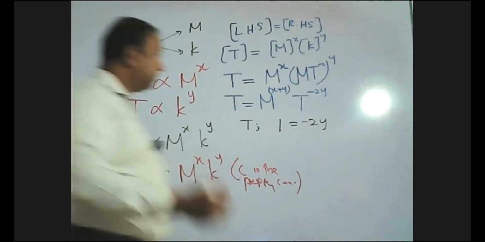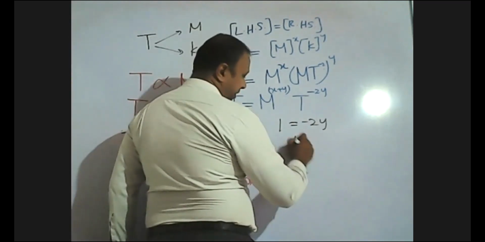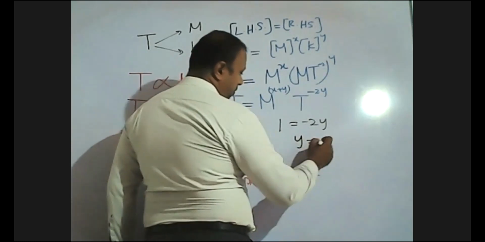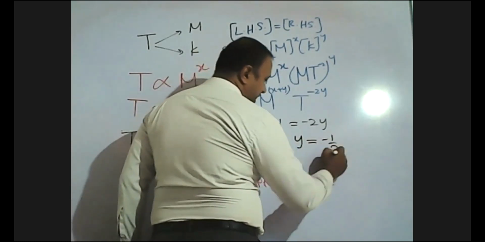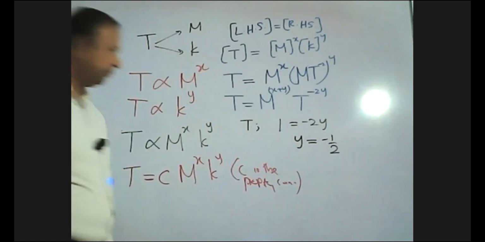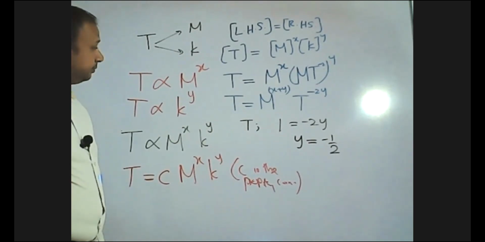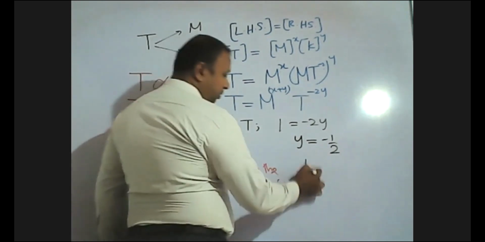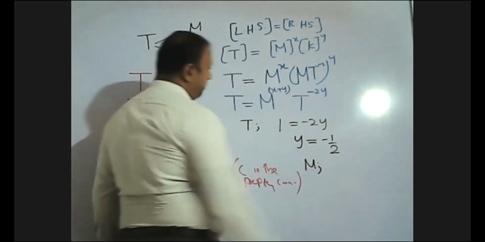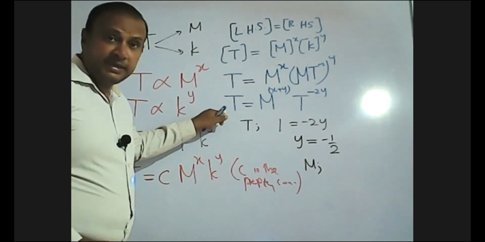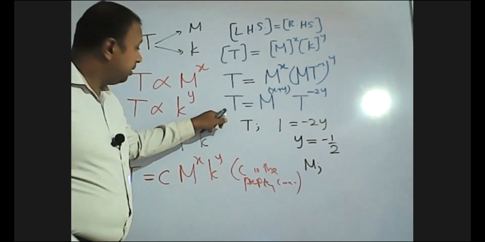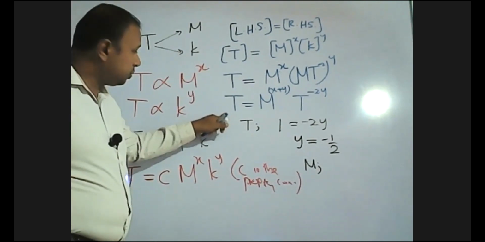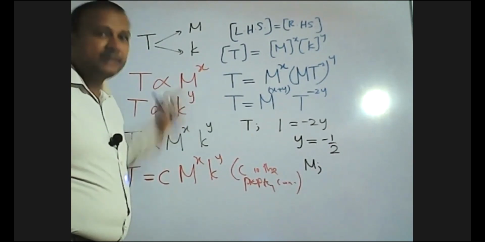So from that, I can derive y is equal to minus half. Then I can equate the power of m. In the LHS there is no m term, so the power of m in the LHS is 0.